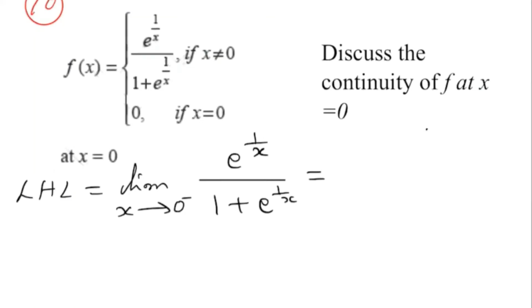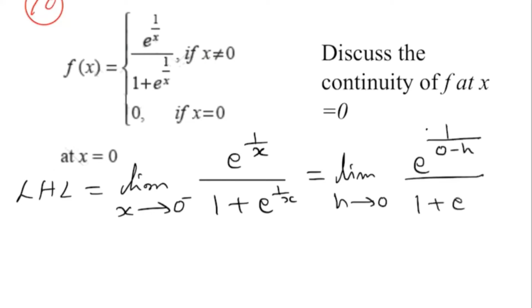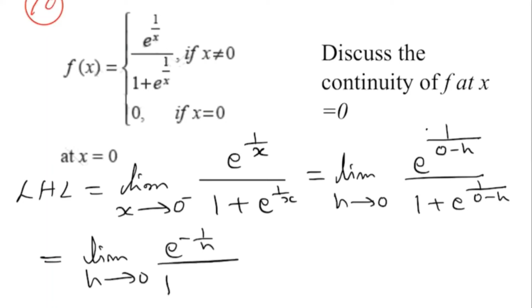In order to evaluate this, all you need to do is take the limit h tends to 0, and wherever you have x, replace it by 0 minus h. This method is already given in the earlier problems. Limit h tends to 0, e power minus 1 by h upon 1 plus e power minus 1 by h.